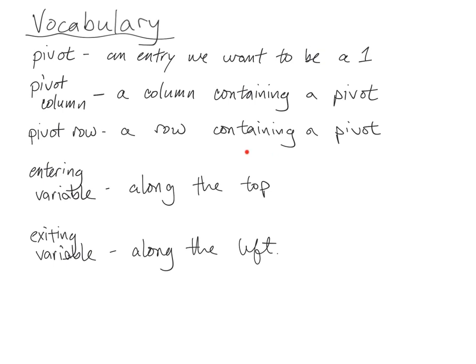And then for the last two things here, we have an entering and exiting variable, and you'll see when you have an example of a simplex tableau in a little while that an entering variable will be along the top of the simplex tableau, and the exiting variable will be along the left side of a simplex tableau.